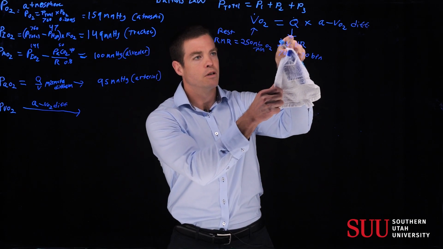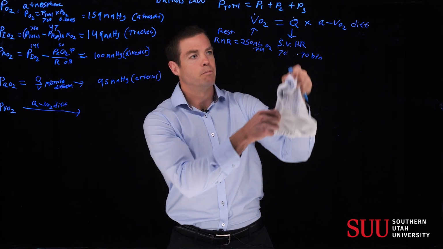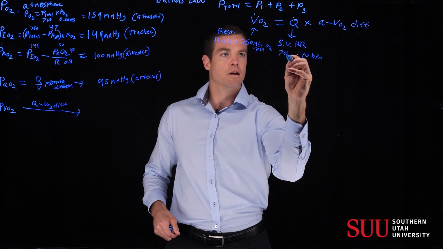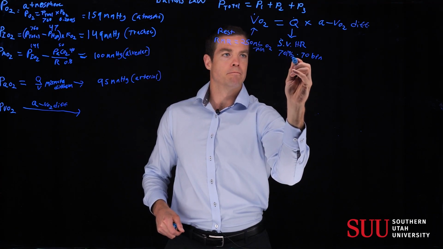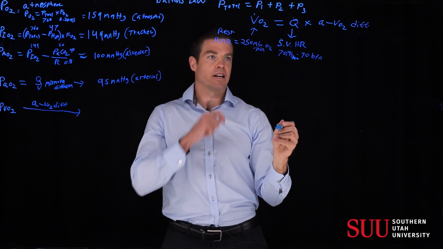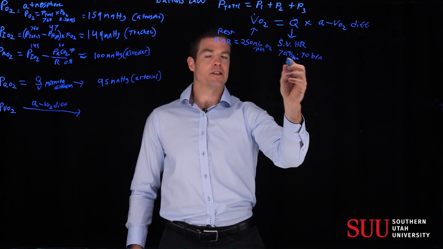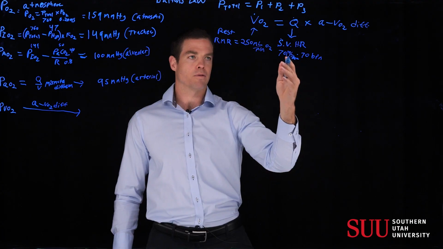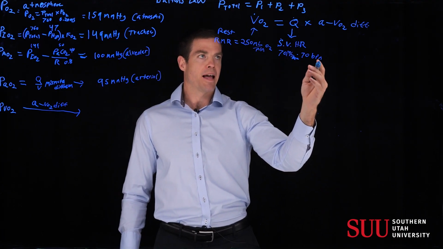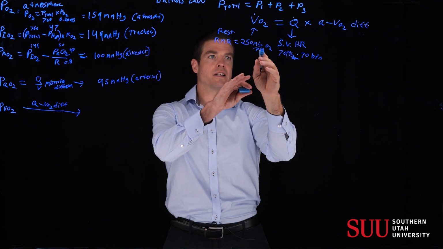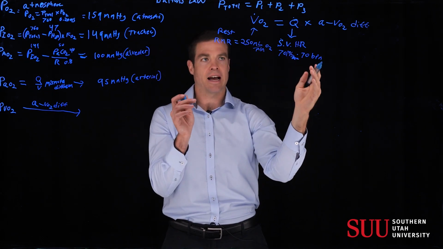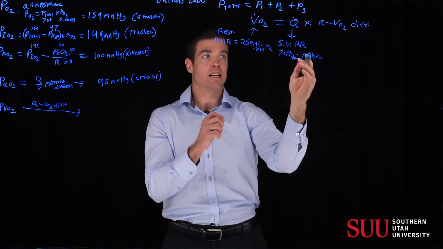Stroke volume would be milliliters per beat, right? Okay, and then you multiply those together and you get 4,900. So about 5,000, we'll just round that to around 5,000.